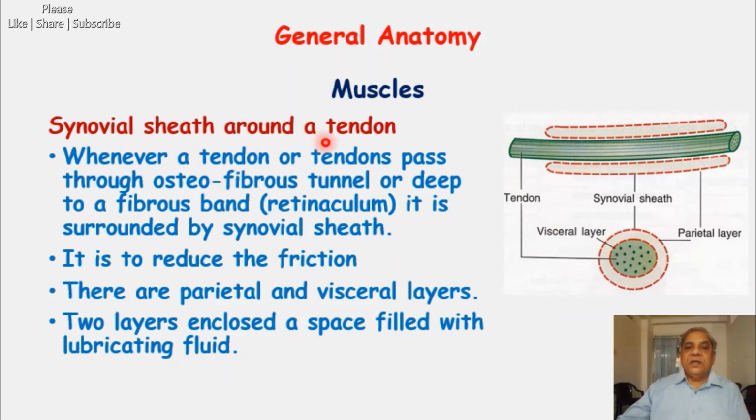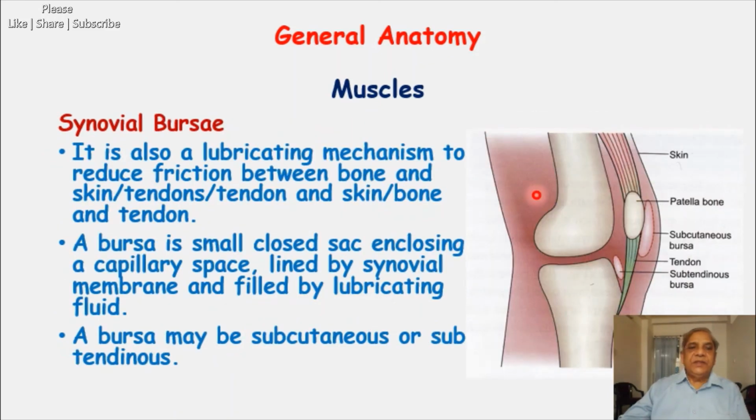Now moving to the next modification of the skeletal muscle, besides this formation of the synovial sheath around a tendon, there is another modification called the bursa. These are also called synovial bursa. Now it is also a lubricating mechanism, as we have seen in the case of the synovial membrane.